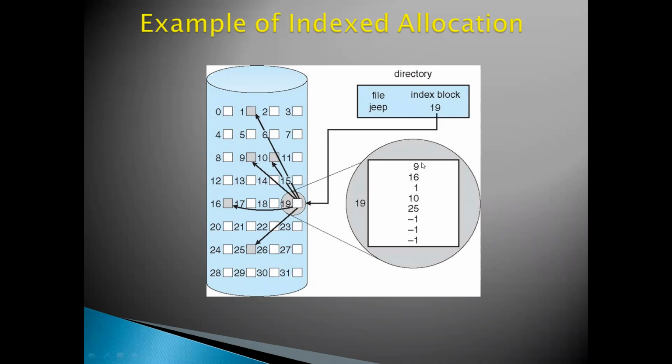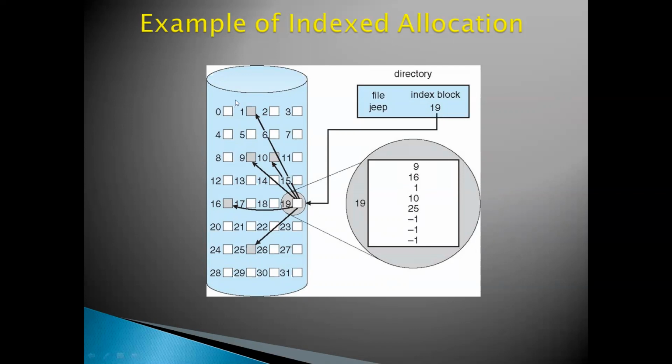You can see that the list of all the pointers for the file is maintained in order. What does it mean? The first disk block of the file will be stored in the first entry. The second disk block of the file will be stored in the second entry. The third disk block will be stored in the third entry, and so on. So you can see here that the index block address is 19.